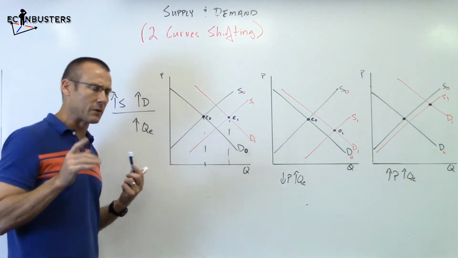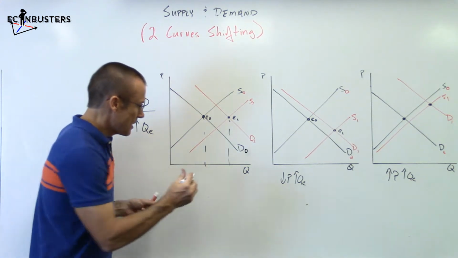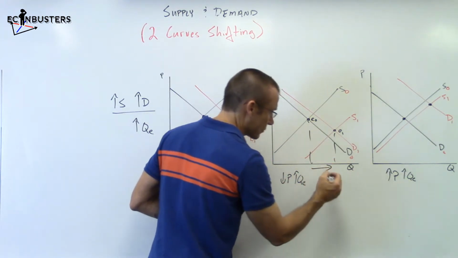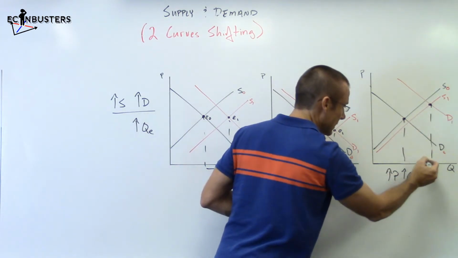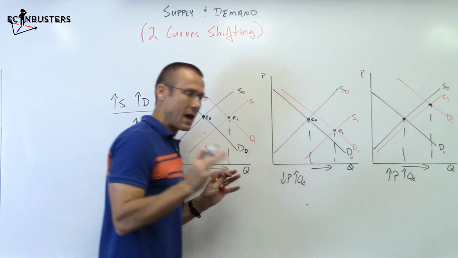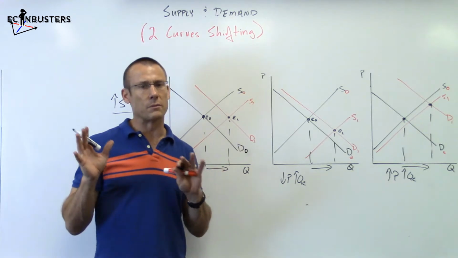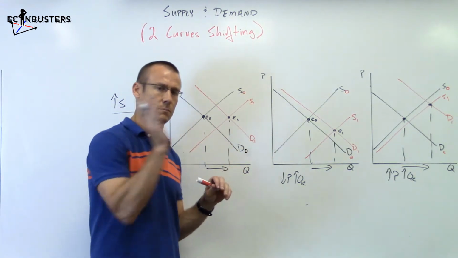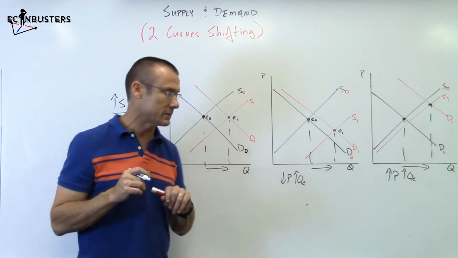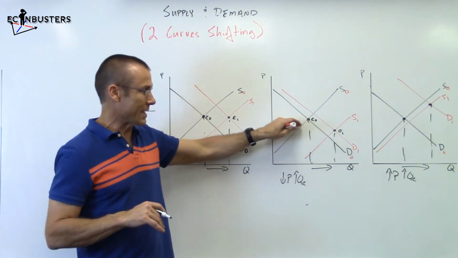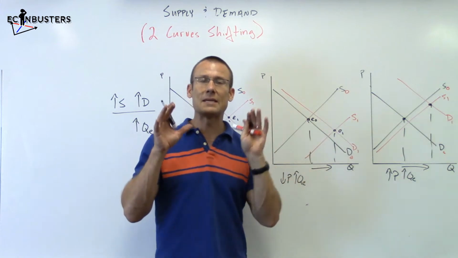I'm not going to erase what happened to quantity because notice, guys, quantity increased, quantity increased, quantity increased. So quantity absolutely increased. If both curves are shifting right, quantity equilibrium is definitely going to increase. But when it comes to price, stayed the same, went down, went up. It's indeterminate.